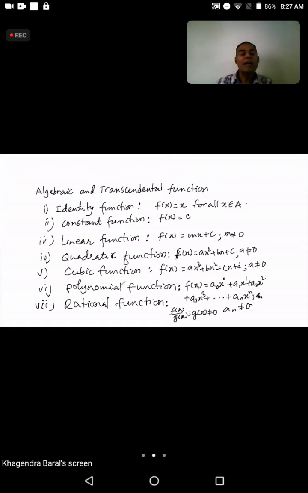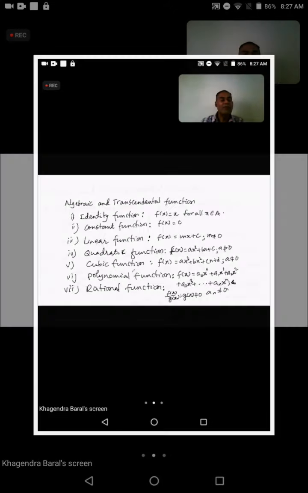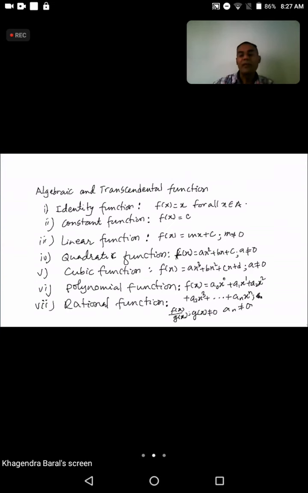Let me explain all this with the graph. Now for these algebraic functions, to draw the graph, we start from the identity function. Under the identity function, the image of an element is the element itself.